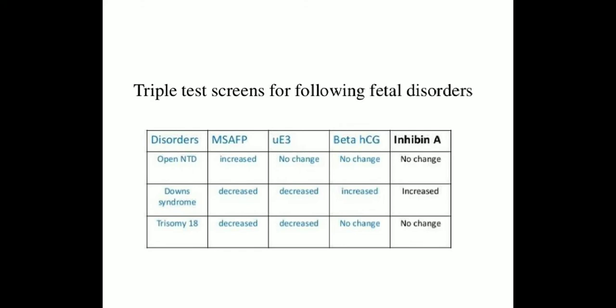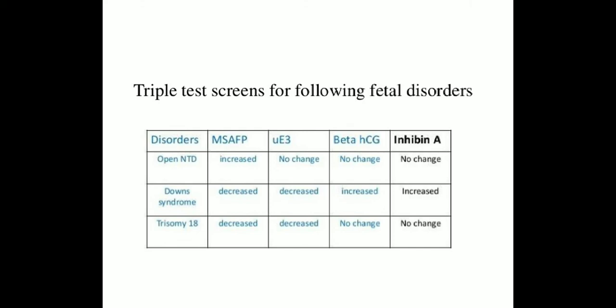In estriol level there is no change. Human chorionic gonadotropin also doesn't change, and inhibin A also remains the same in open neural tube defects. So we can see that only alpha fetoprotein is raised.